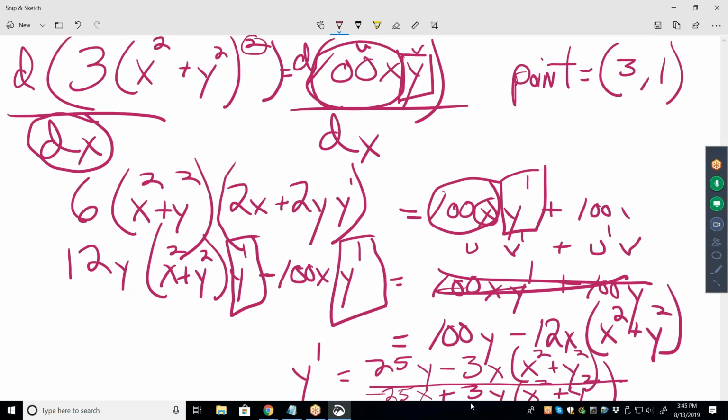They want the slope at the point 3, 1. Point slope form? No, remember this is the slope. Y prime is the slope. That's right. And their question is, what is the slope when x equals 3 and y equals 1?